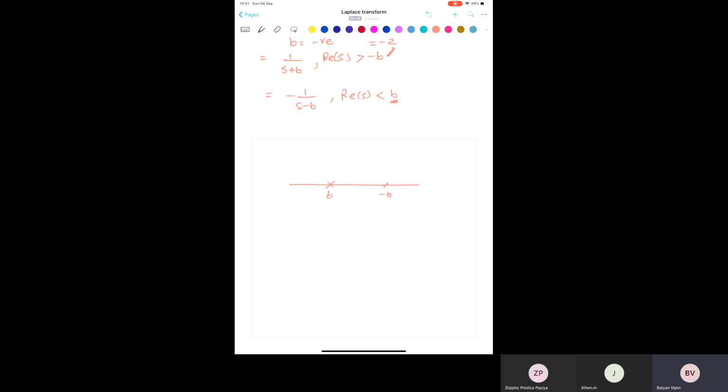So now the first one says that the range is above it, the other one says the range will be below it. So the range will be below it. So you will write that b is negative, or you can say b is less than 0, and you will write your region of convergence in this form.